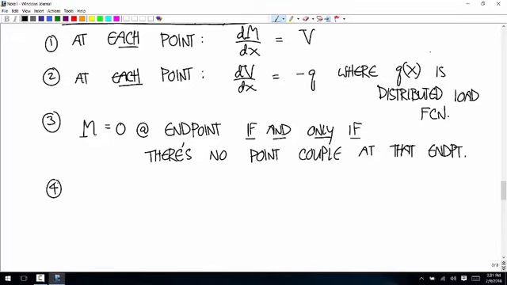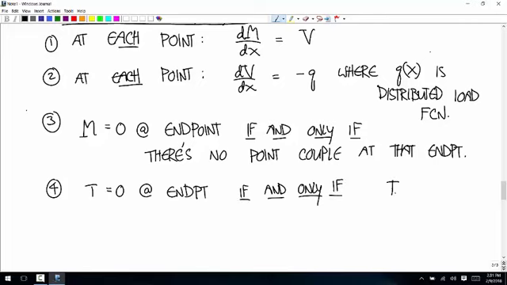Fourth, the tension is equal to 0 at an endpoint if and only if there's no horizontal point force at that endpoint.